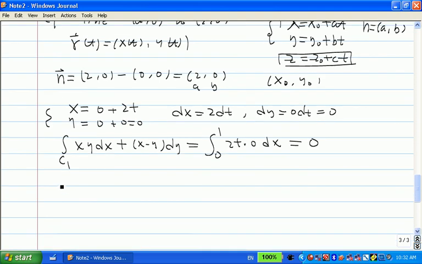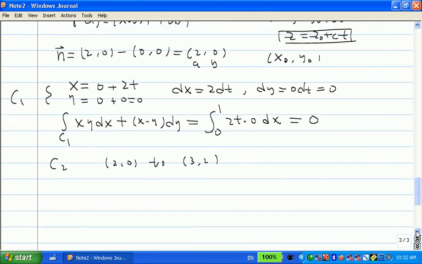And this is C1. Now let's look at C2. C2 is a line from 2, 0 to 3, 2. How do you find the equation of that?